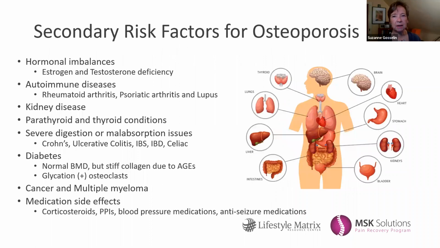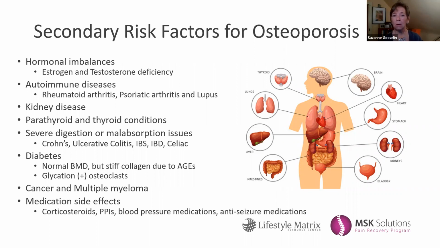But there are also secondary factors that contribute to osteoporosis. And this is the area that I find is not as well evaluated or considered by both the public or practitioners.